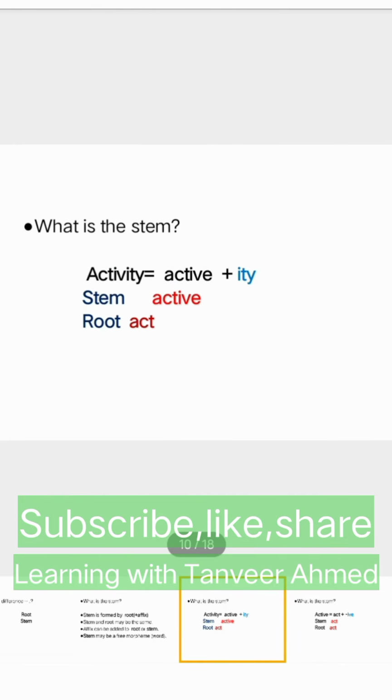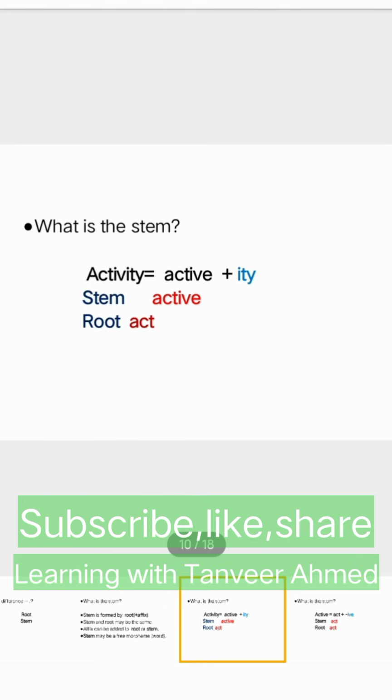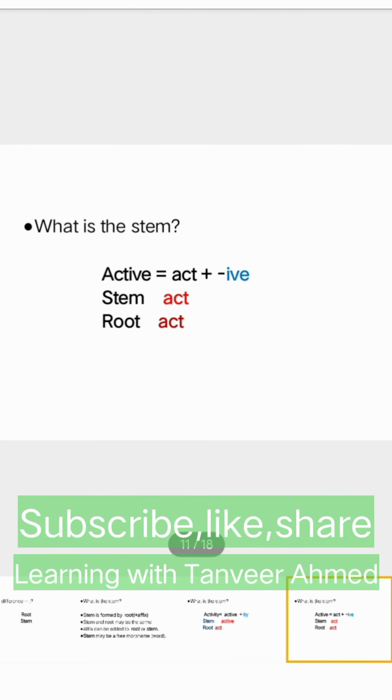Look at the example again. "Activity": stem is "active" and root is "act", and in "active" stem is "act" and the root is "act" as well. Here there is a difference between stem and root, but here the stem and root are dealt as same.